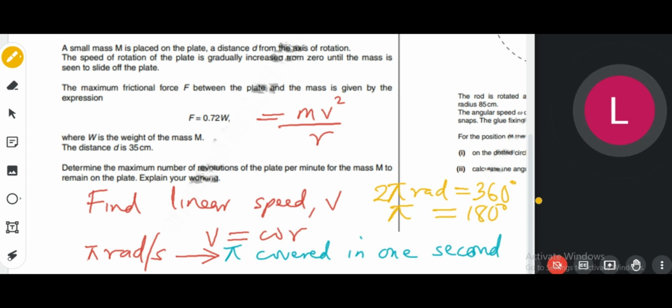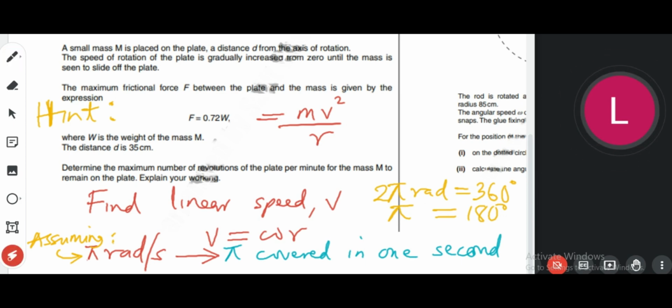I'm giving you some hints to help you solve this. Assuming you got pi rad per second, it means pi rad is covered in 1 second, or 180 degrees covered in 1 second.